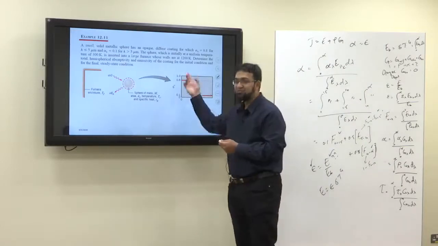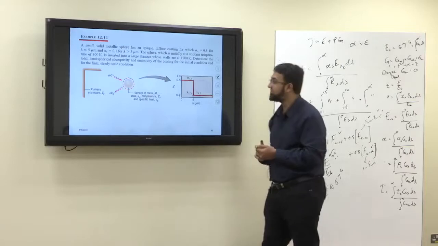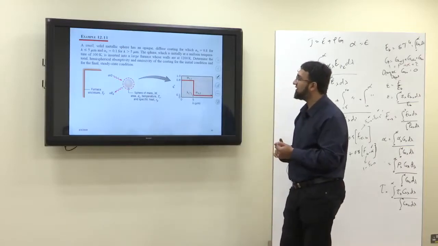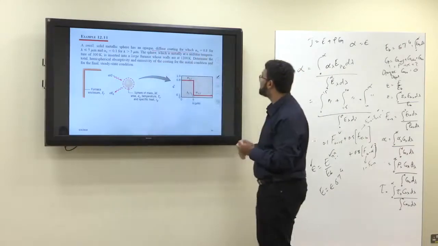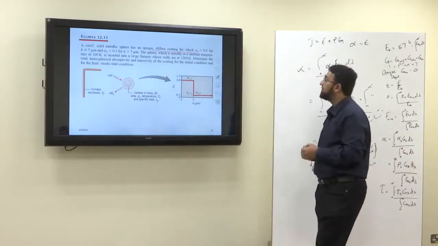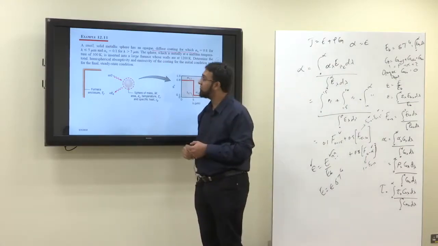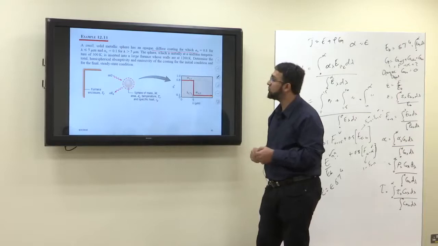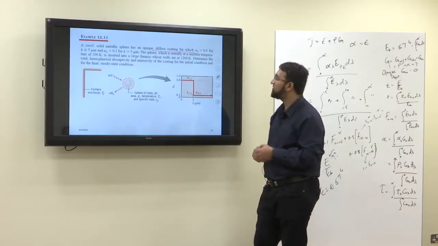Okay, so let's have this numerical, and we finish the chapter. A small solid metallic sphere has an opaque diffuse coating for which alpha is equals to 0.8 for lambda less than or equal to 5 microns, and alpha is equals to 0.1 for lambda greater than 5 microns.